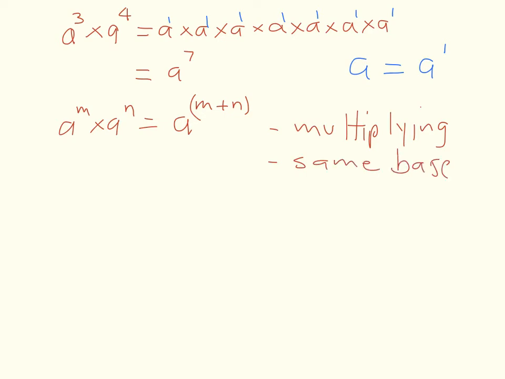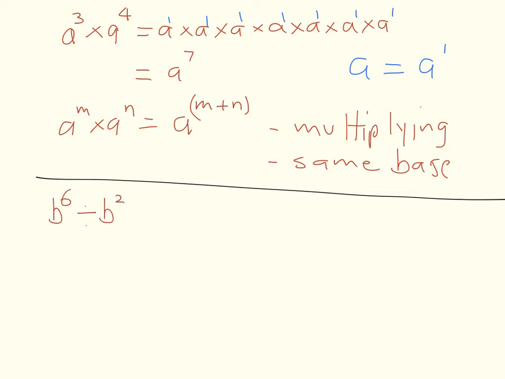The second of these rules, and it works in kind of the opposite direction, is that if I have something like b to the power of 6 divided by b squared, well, I can rewrite that as a fraction. I can write that as b to the power of 6 over b squared, which is b times b times b and so on.